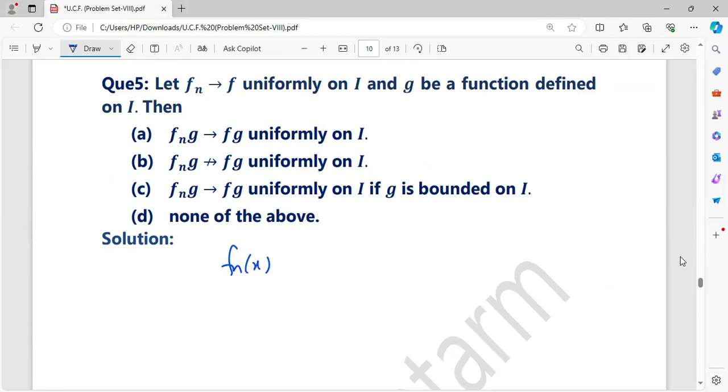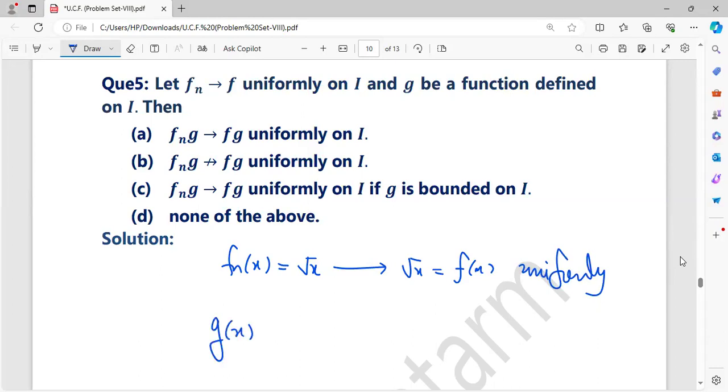I am taking this function under root x, so this converges to the function under root x uniformly. So I am taking g(x) equal to 1 upon x if x is not 0, and 0 if x is 0.